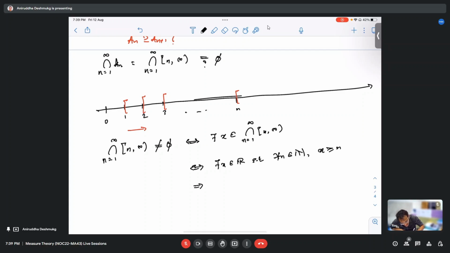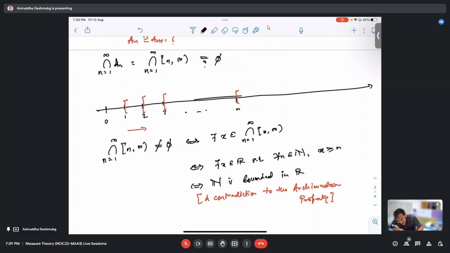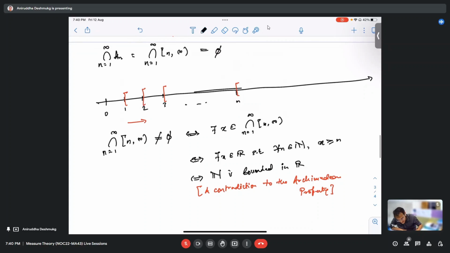But what does this mean? It means that the set of natural numbers is bounded in R. And this is a contradiction to the Archimedean property. Therefore, it cannot be non-empty. So this intersection is empty.